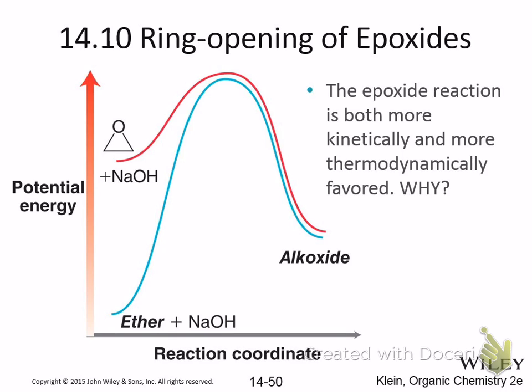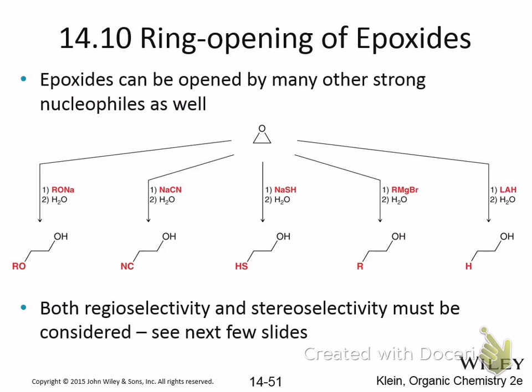The ring strain, we talked about this in lab last semester, causes the starting material energy to be higher, so the activation energy is going to be lower. Again, activation energy is this. Since that's lower, they're much more reactive.